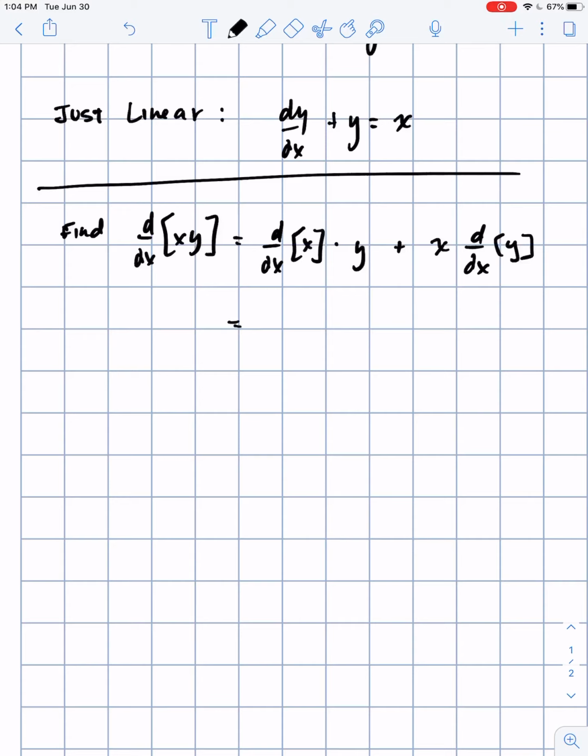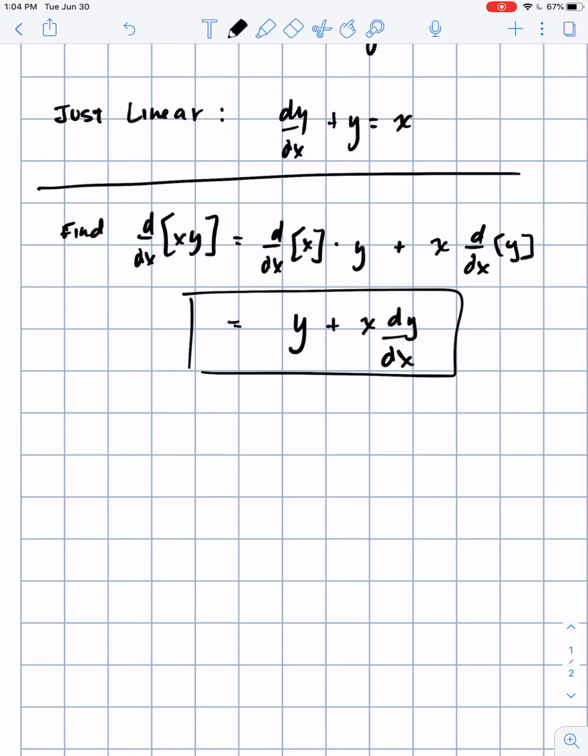The derivative of x with respect to x is just 1. This gives us y plus x times, the derivative of y would just be 1, but with respect to x, it's going to wind up being dy dx. So you could see where that linear form is starting to form here.